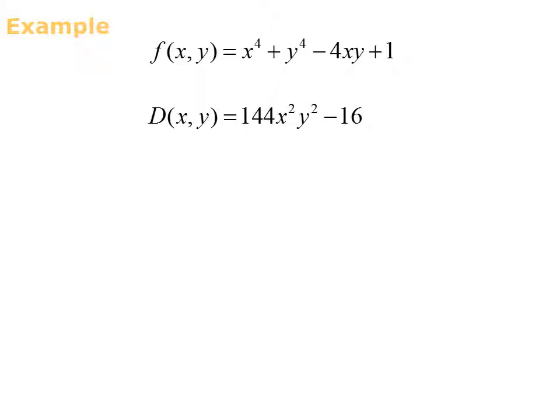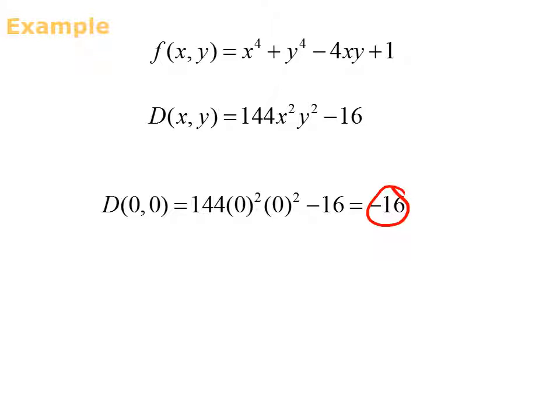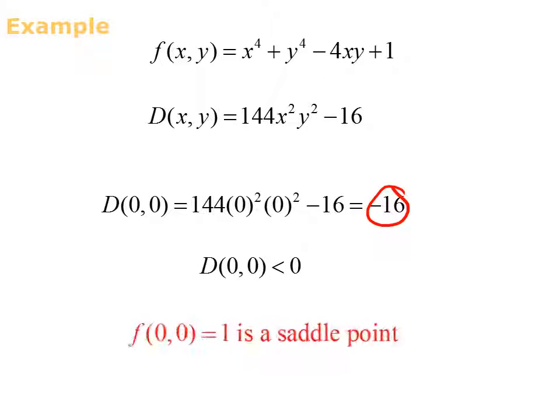We will take one of the points, like 0, 0, and plug it in and see what we get. Now, if you have your chart handy, look at it. If the discriminant is negative, that tells us that critical value is a saddle point.